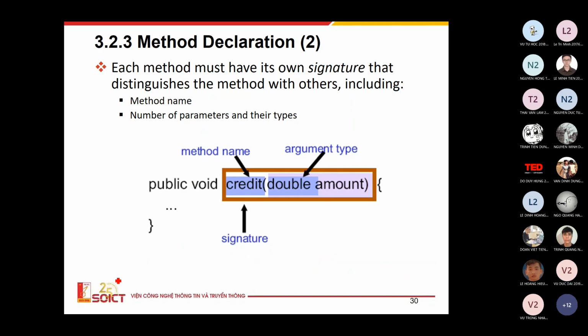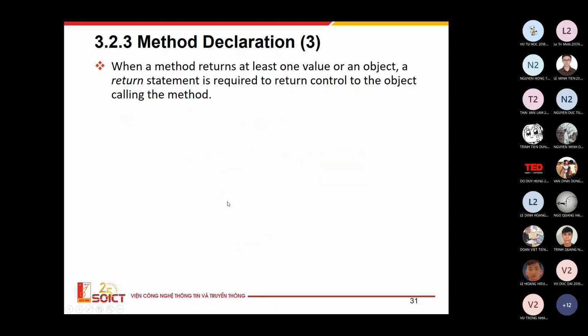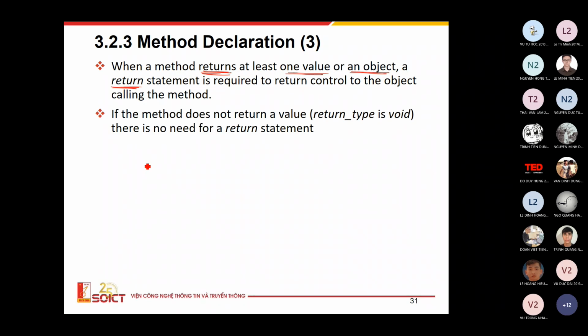Okay. Yeah, remember it. So here, when you want to return something, at least one value or object, you will use a return statement in the code block. And if the method does not return a value, the return type you use is void.